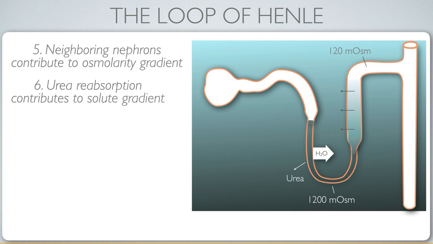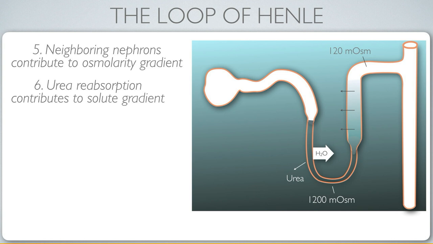Urea is reabsorbed or extracted from the filtrate. It enters into the interstitial fluid, which is what we see right here. This occurs on the descending limb, and that contributes to the osmolarity gradient. And it's actually pretty significant.